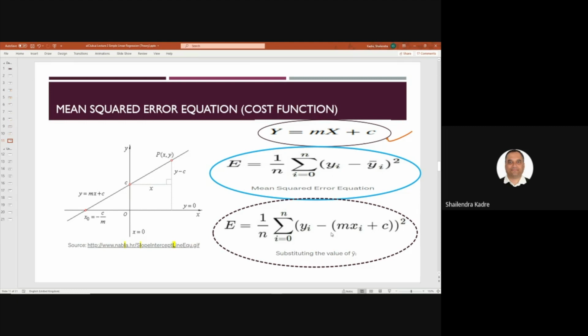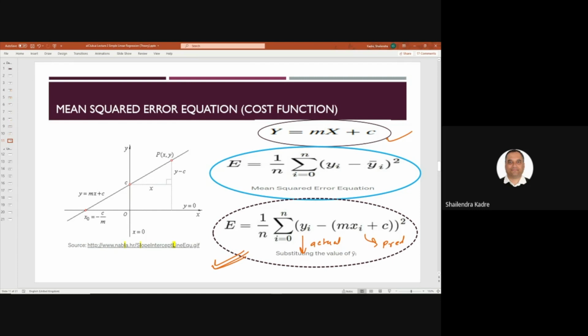Here is something difficult. You look at this third equation, the third box, the dotted box. So yi is nothing but your actual value, and this is nothing but your predicted value, right? Because we have put the value from the equation y is equal to mx plus c.